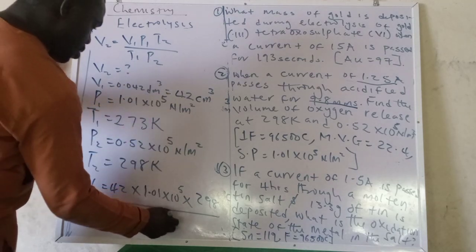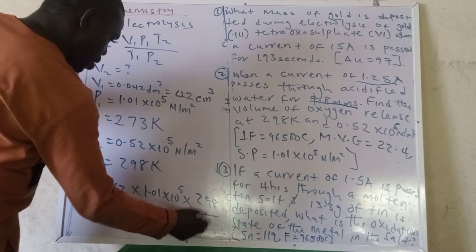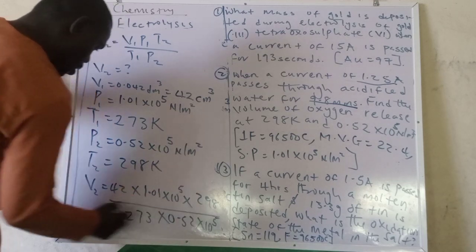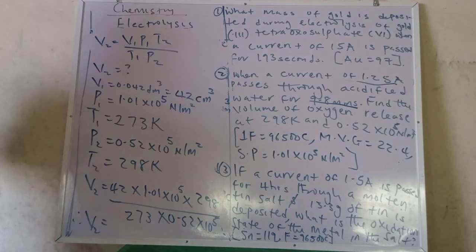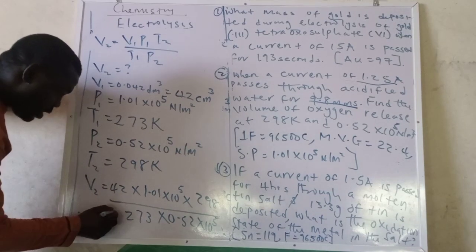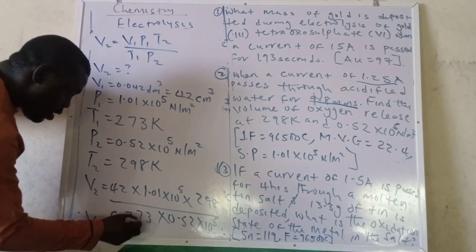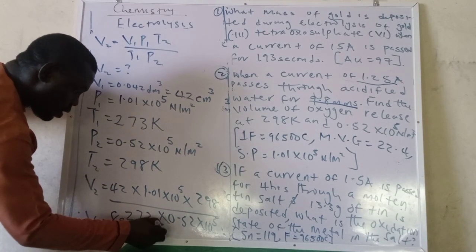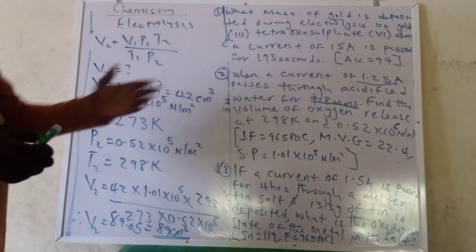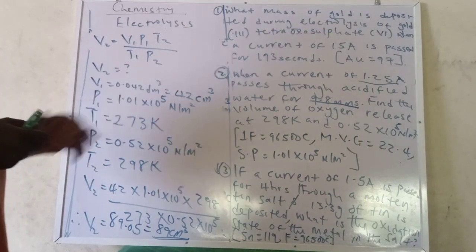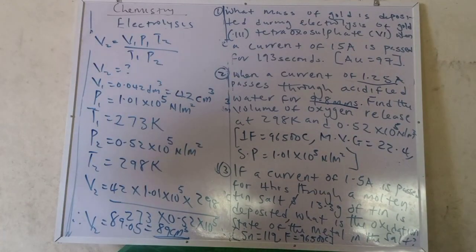Yes, 0.5 times 10 to the power of 5. 89.05, that is the answer, the volume of the oxygen released at that temperature and pressure respectively.